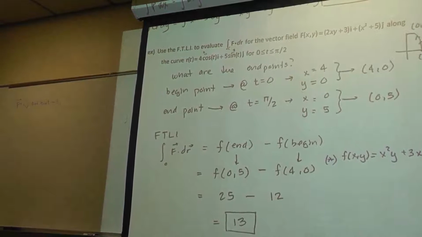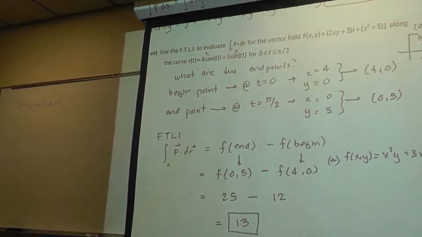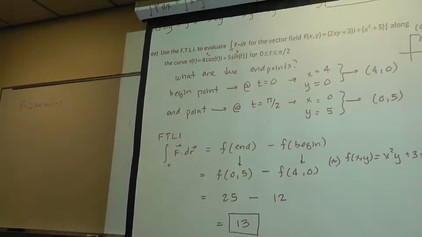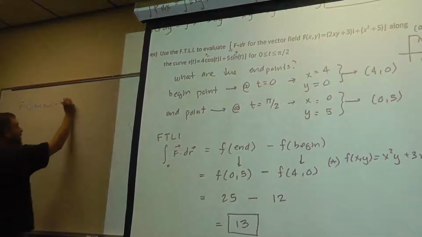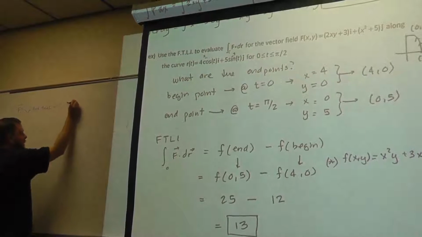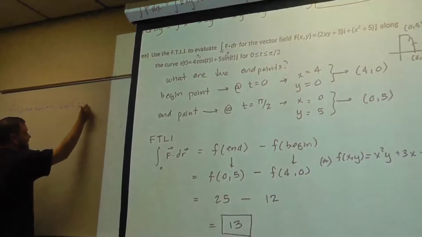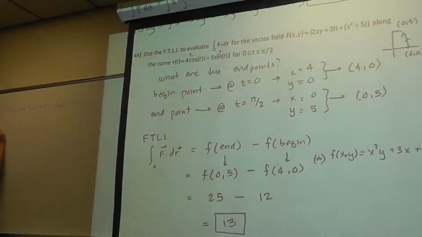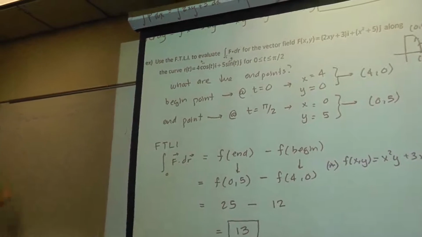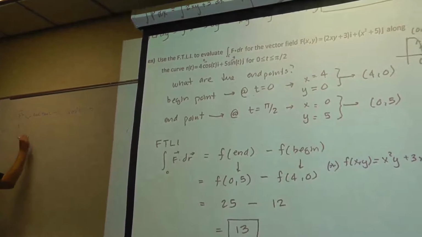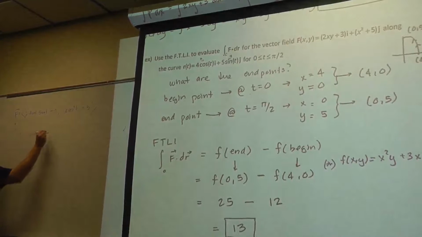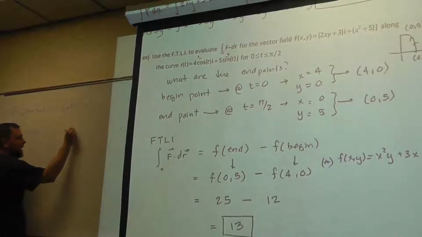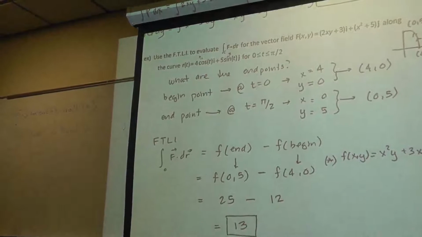Remember, because you're replacing the x's and the y's with their parametric equations from your path. So that's where I'm getting the x's and the y's from, is right here. So x squared plus 5 would be 16 cosine squared plus 5. Then I have to dot product this with r prime, which would be negative 4 sine t, comma, positive 5 cosine t, and that dot product produces my integrand.